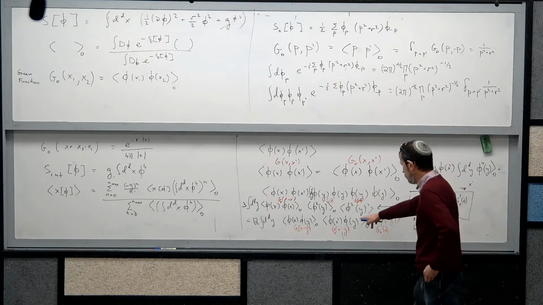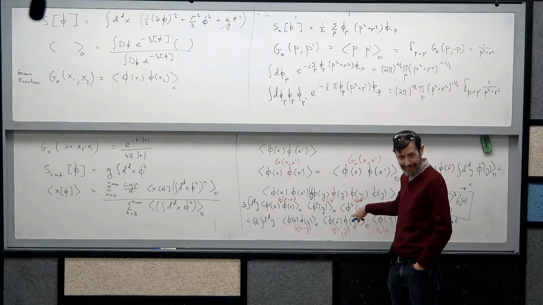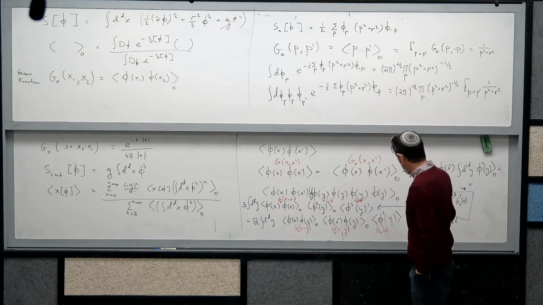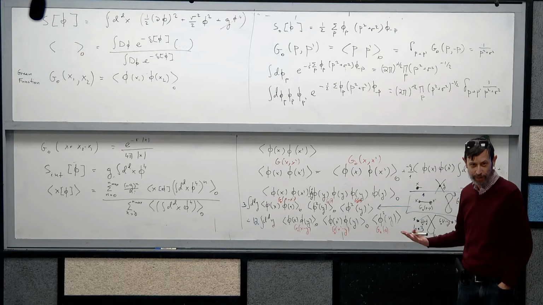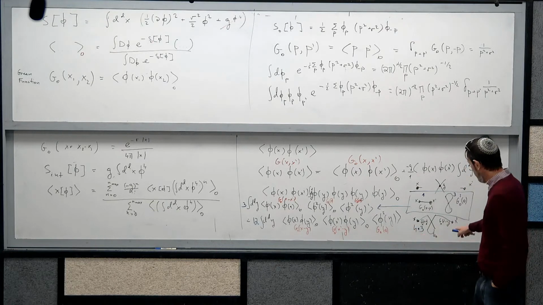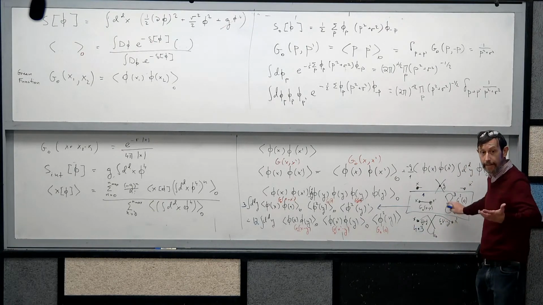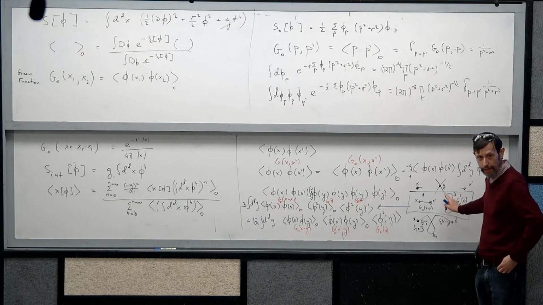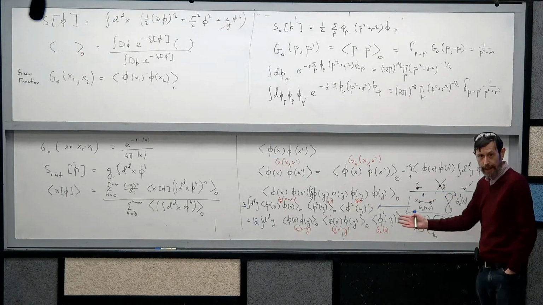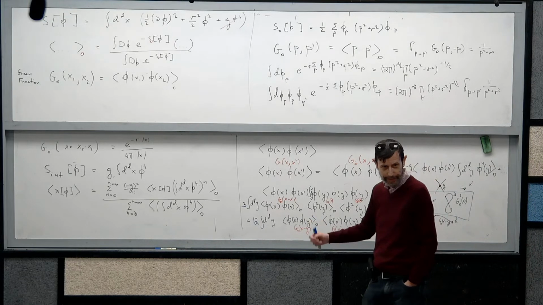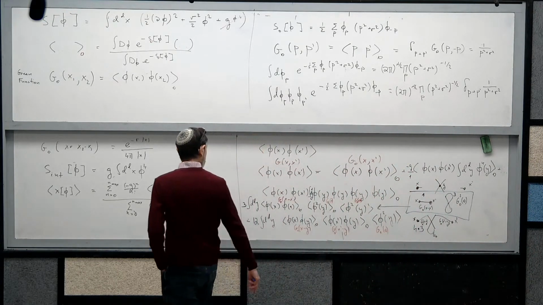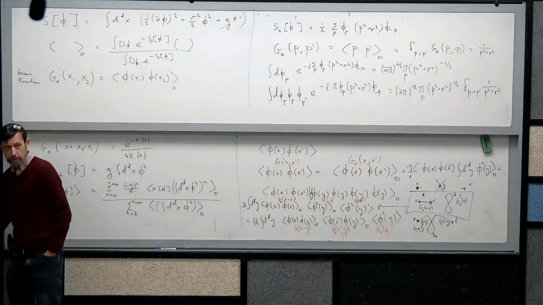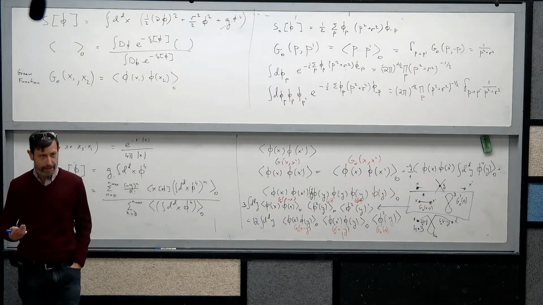Again, I could do the combinatorics directly here, but this is much easier to keep track of what's happening. It's just looking at what class of diagrams you can draw, and counting how many different ways you can connect. So, you're now experts in Feynman diagrams.